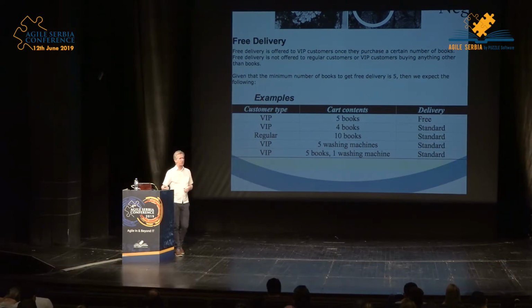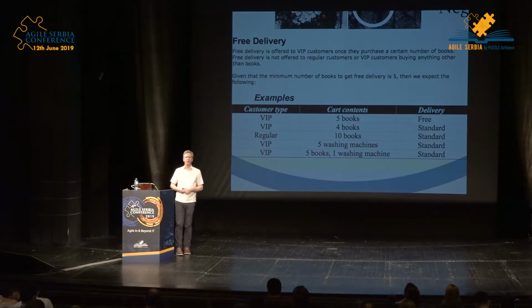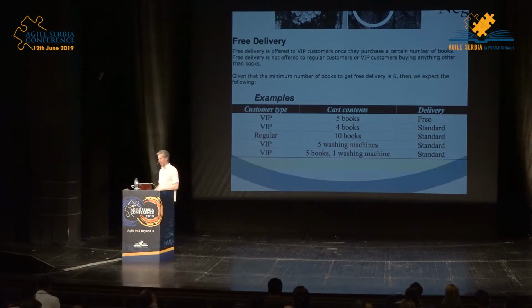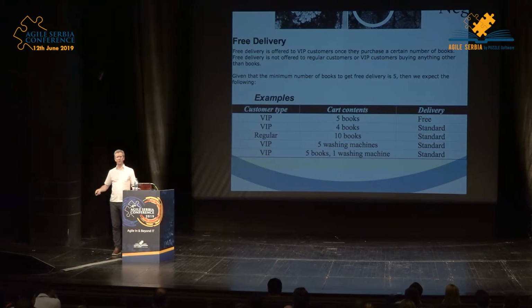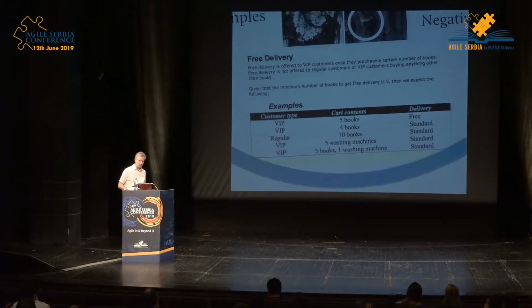So 4 books doesn't get you free delivery. Being a regular customer and not a VIP customer, no matter if you've got 10 books, doesn't get you free delivery. And putting something else in the cart that's not going to be so easy to deliver, like a washing machine, also gets you standard delivery, not free delivery. So each of those are useful counterexamples that sit alongside the positive example.